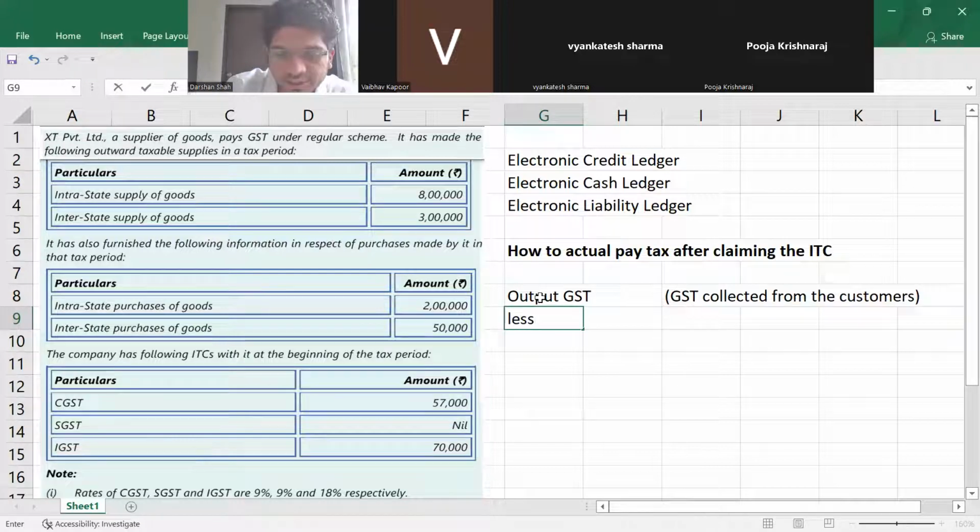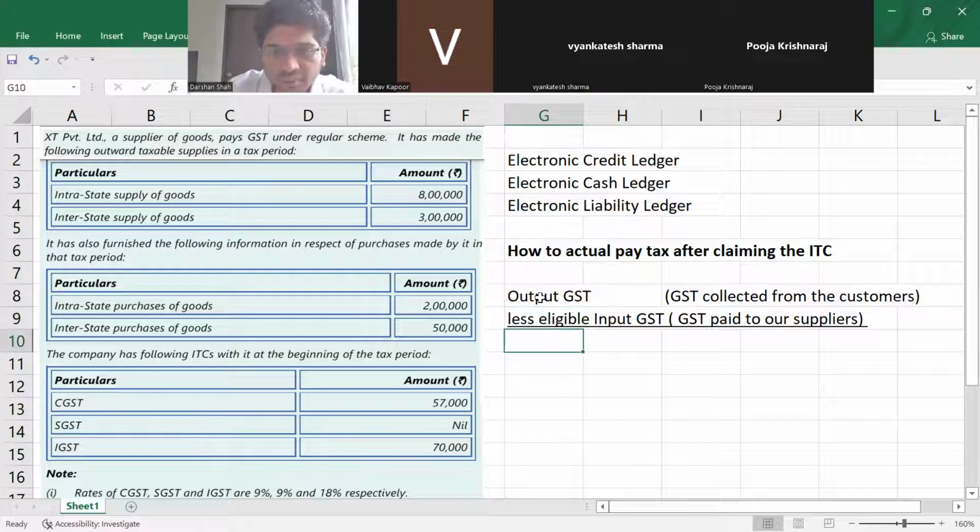And less, we do input GST, or rather eligible input GST, correct? That is GST paid to our suppliers, but only eligible, correct? And then the remaining amount is your tax payable to the government, right? Okay, this we have learned. We have solved questions also on this.